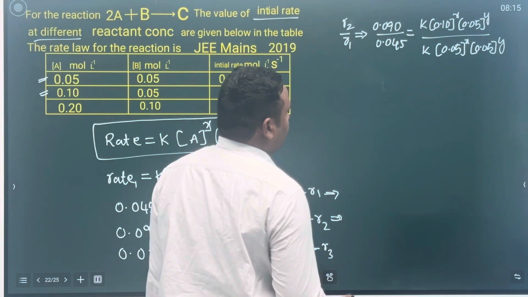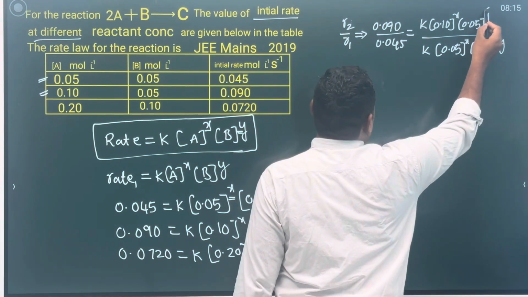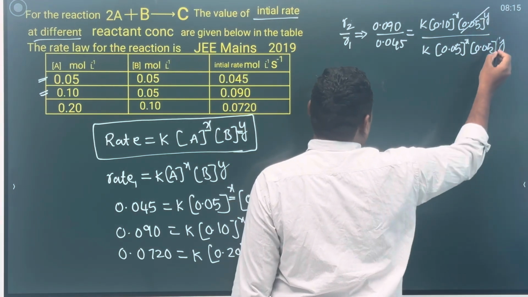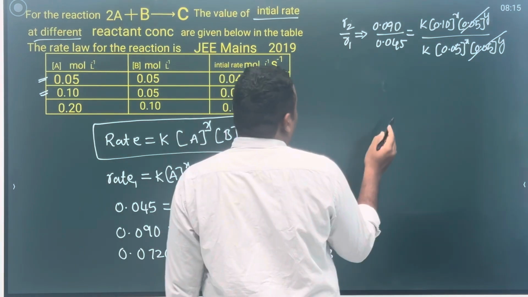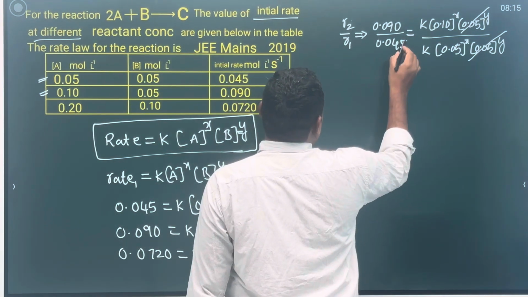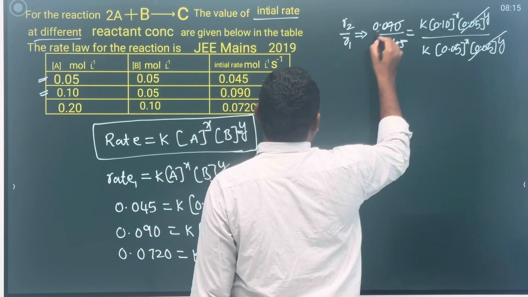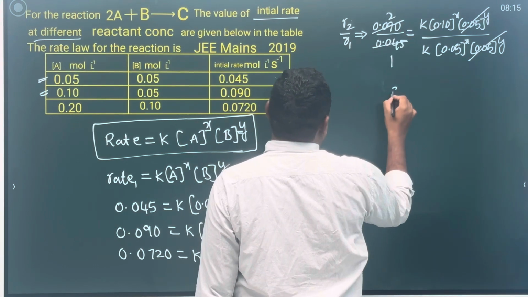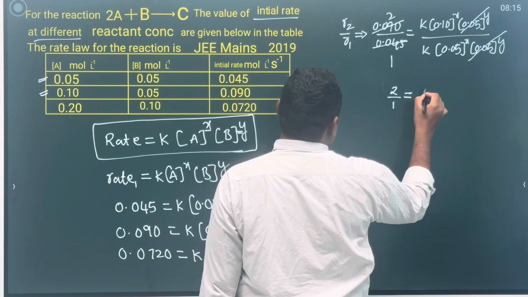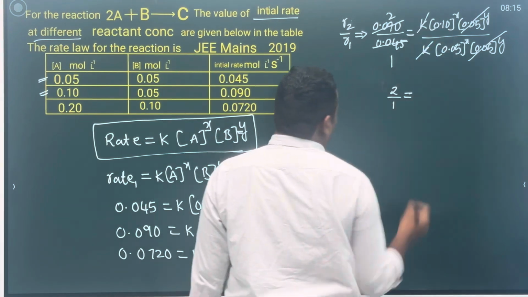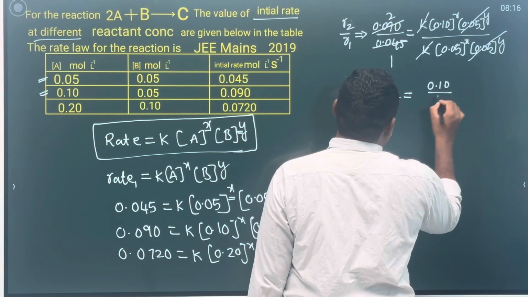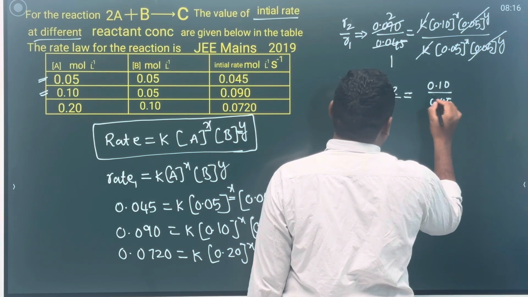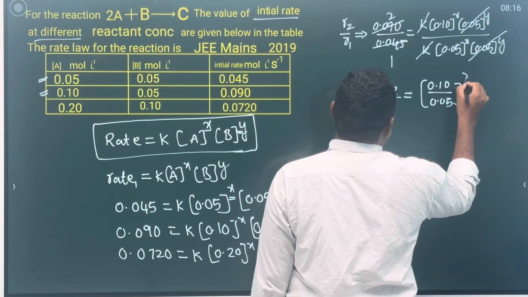Now 0.05 power y and 0.05 power y will cancel out, and k will also cancel out. Here 0.09 by 0.045 means 2 by 1, that is equal to 0.10 by 0.05 power x.